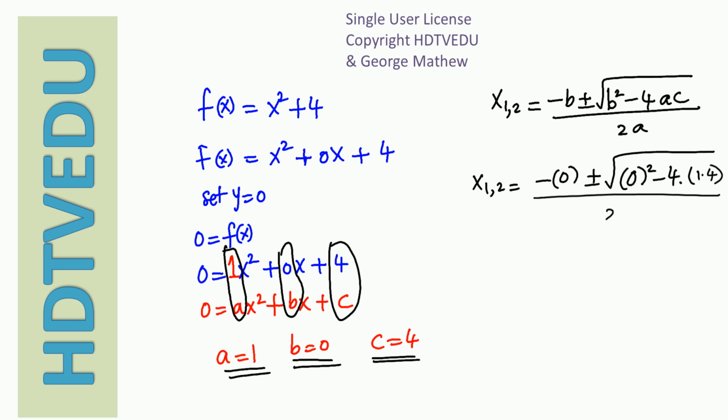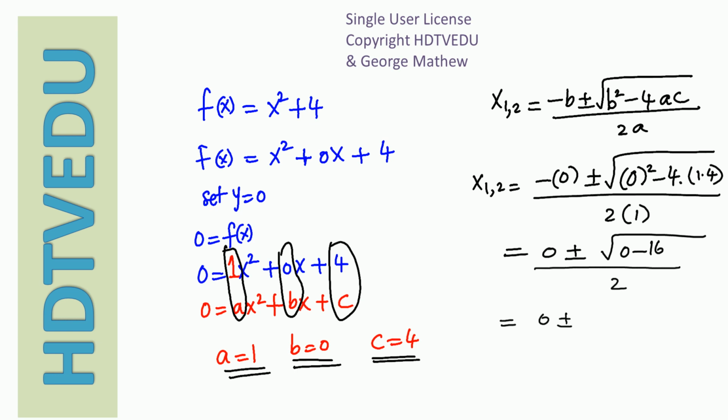The whole thing is divided by 2 times 1. So immediately you get 0 plus or minus the square root of 0 minus 16, since 4 times 4 is 16, whole thing divided by 2. That is 0 plus or minus the square root of negative 16, whole thing divided by 2.